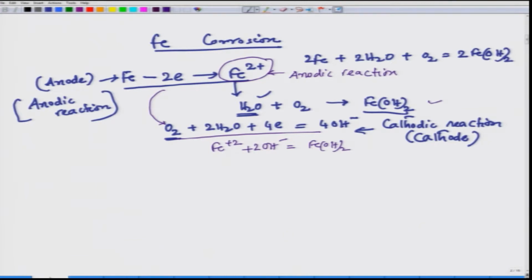Finally, this reaction is parallelly taking place. This is also electrochemical, because this is the anodic reaction, this is the cathodic reaction. This anodic reaction happens on the iron surface, iron corrodes, and the cathodic reaction also happens on the iron surface, which takes care of the electrons released by iron while forming ions. This is also electrochemistry.